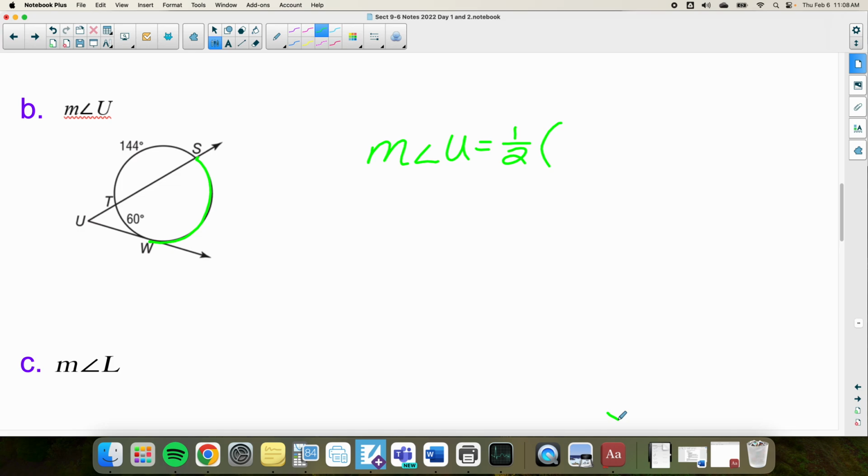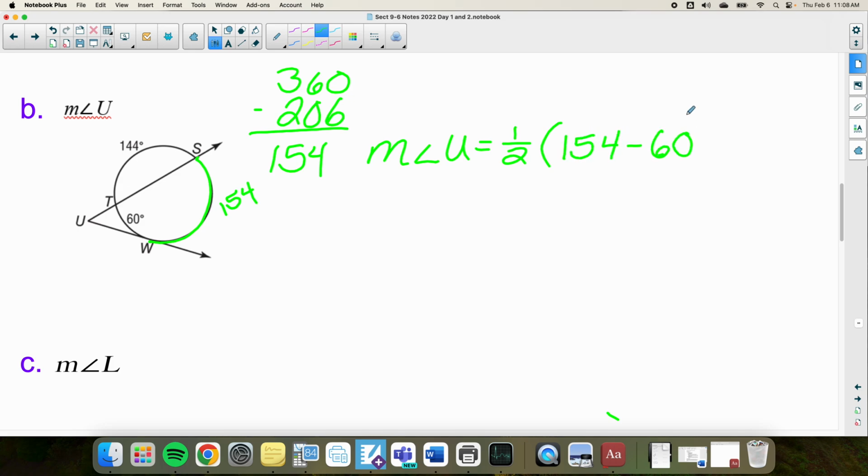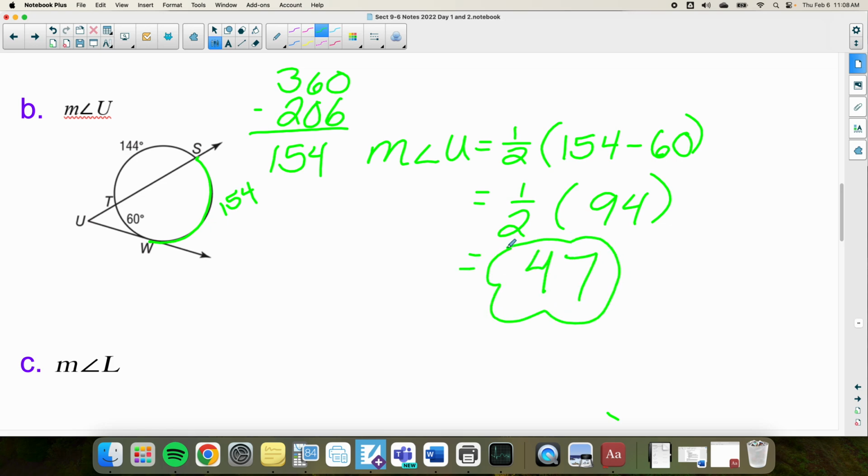Or you could add these and then subtract that from 360, either way, okay? 144 plus 60 is 206, and if I subtract that from 360, I get 154. So what this would be is 154, and then over here it'd be 1/2 times 154 minus 60, which is half of 94, which would be what, 47, I believe? Okay.